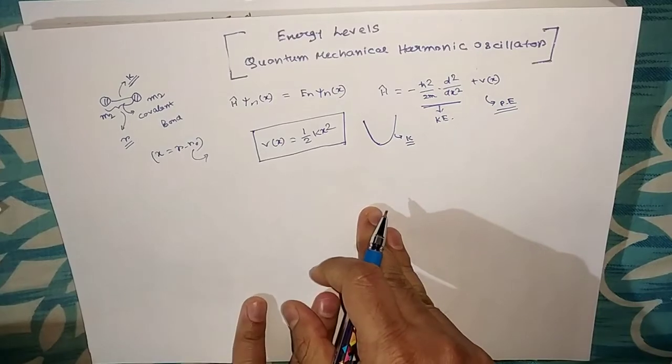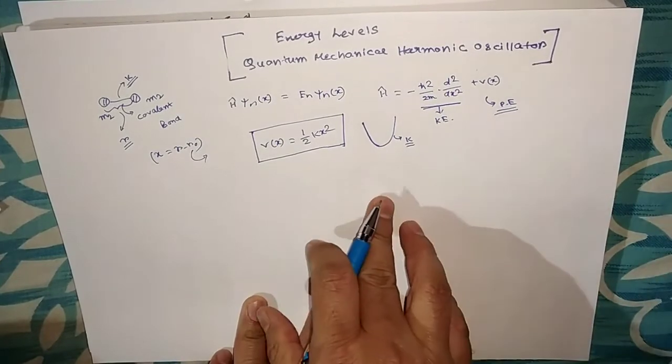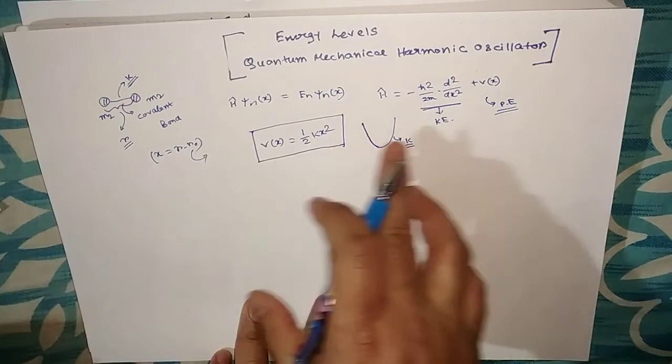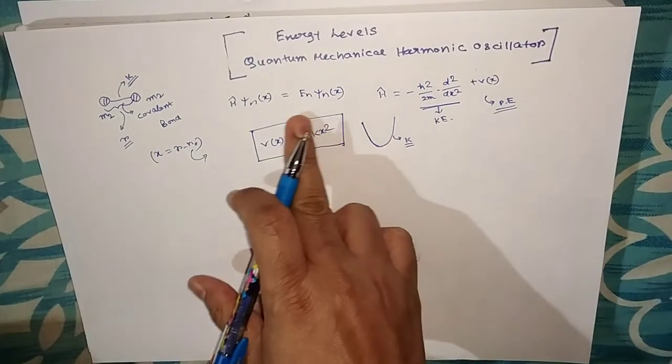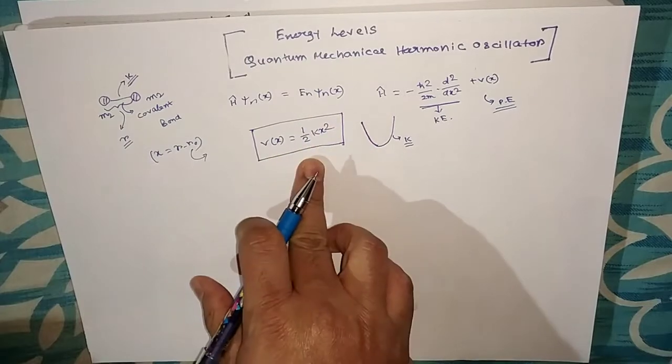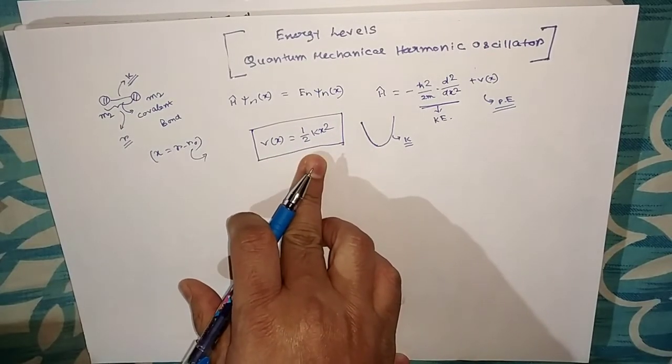If the value of k is large, the parabola will be very stiff in nature. If the value of k is low, then the parabola will be very wide in nature. So this is the potential energy function for the harmonic oscillator model system that we have derived.